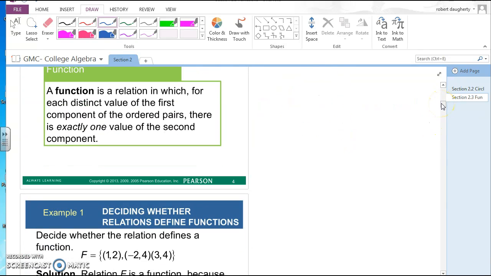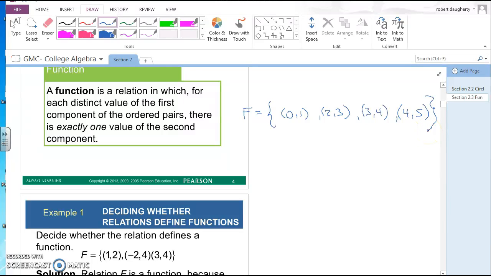A function is a relation for which each distinct value of the first component of the ordered pairs corresponds to exactly one value of the second component. So let's look at f equal to (0, 1), (2, 3), (3, 4), and (4, 5).